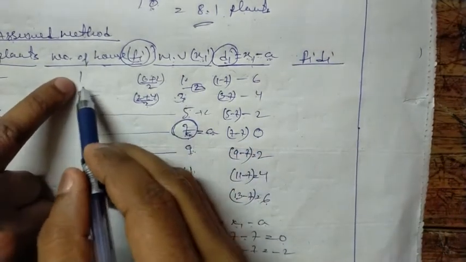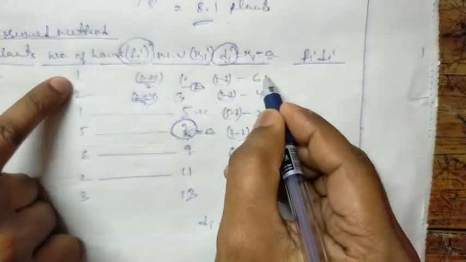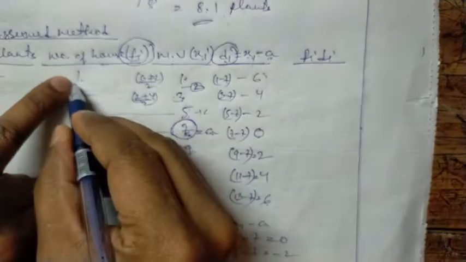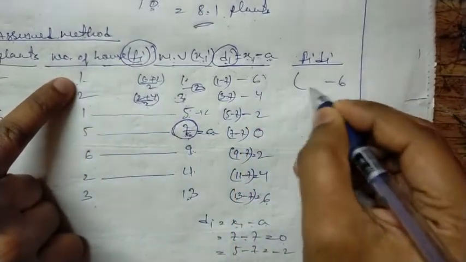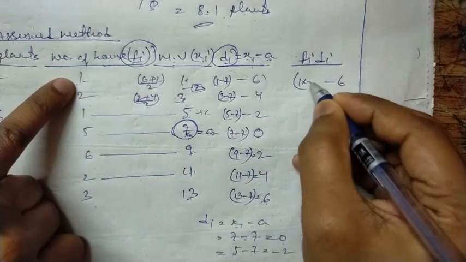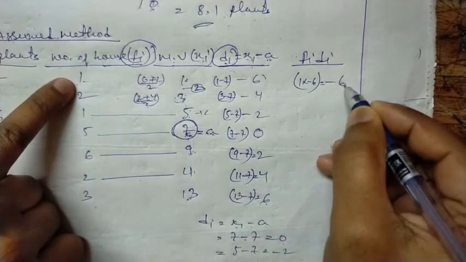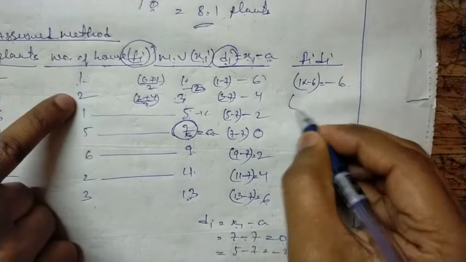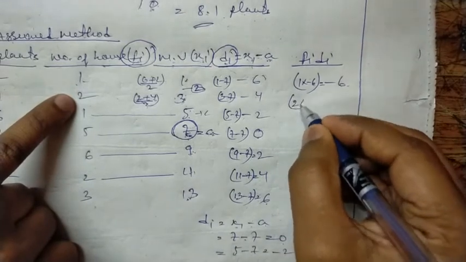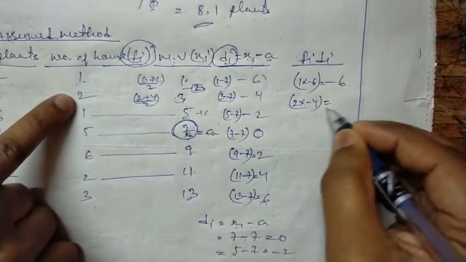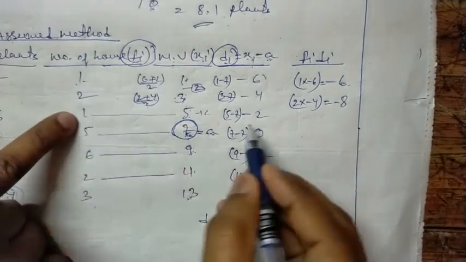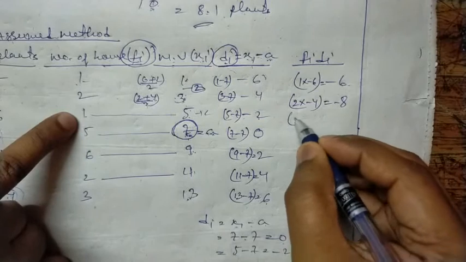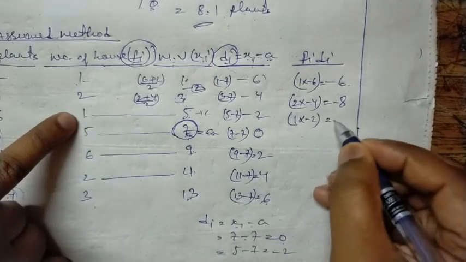That is frequency 1, we have to multiply with this number, right? 1 into minus 6, it will be minus 6. Then again 2 into minus 4, 2 4s are 8, minus 8. 1 into minus 2, it will be minus 2.